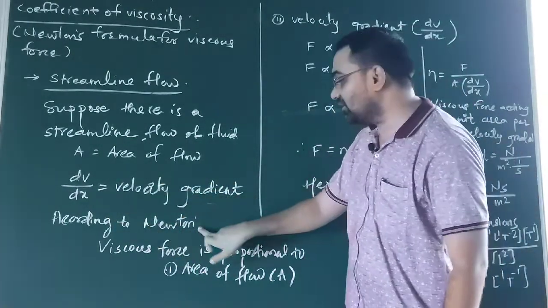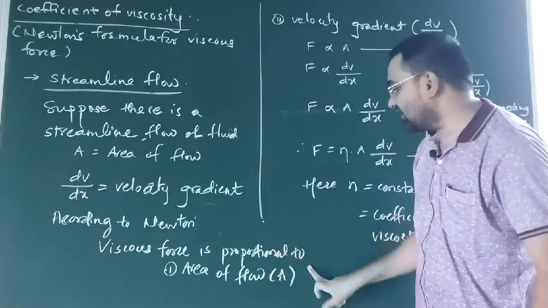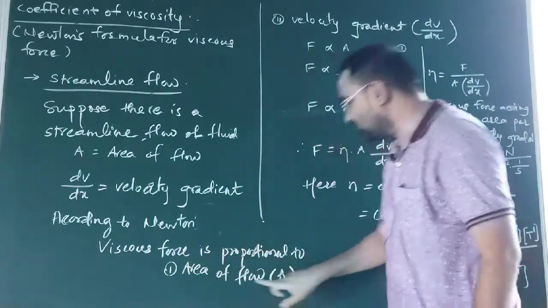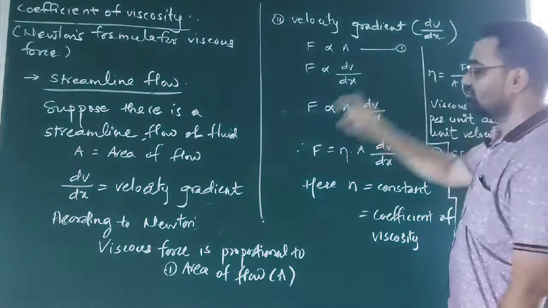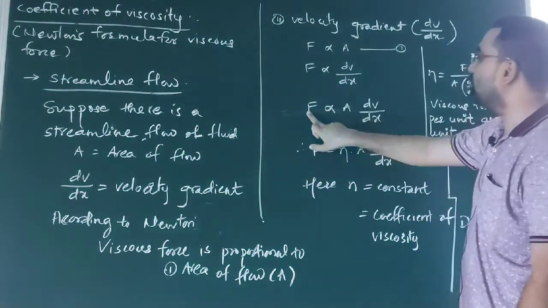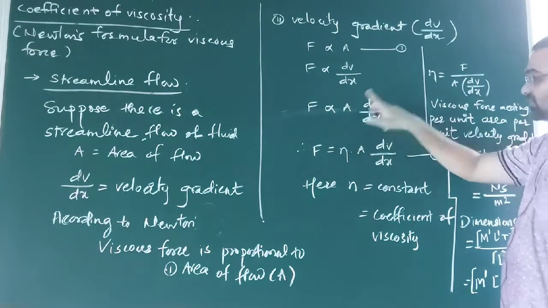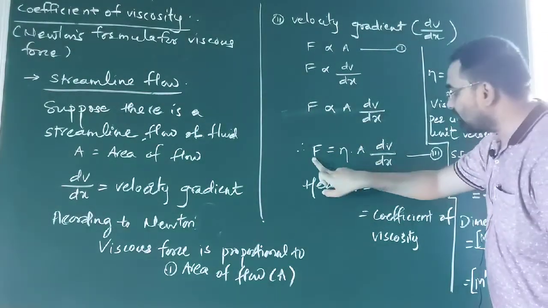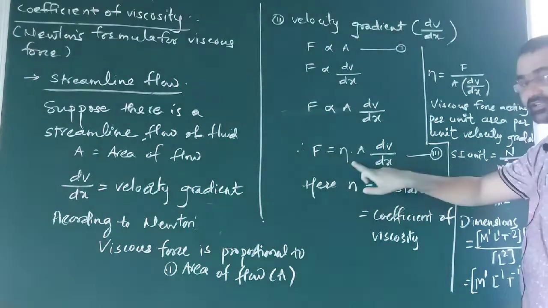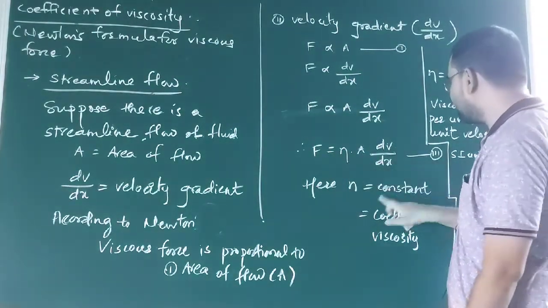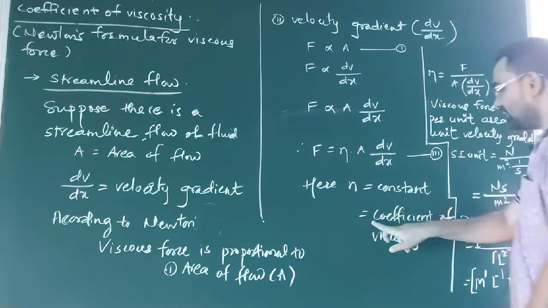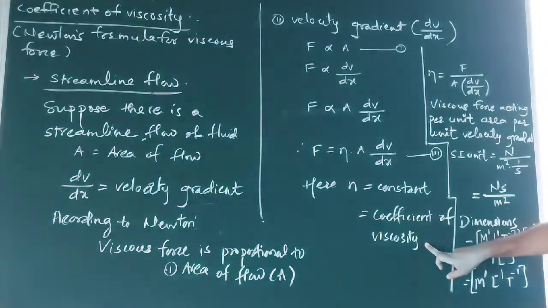Then according to Newton, viscous force is directly proportional to the area of that flow and directly proportional to the velocity gradient. So combining both, force is directly proportional to A into dV by dx. Therefore force equals eta into A into dV by dx. Here eta is the constant of proportionality and it is called the coefficient of viscosity.